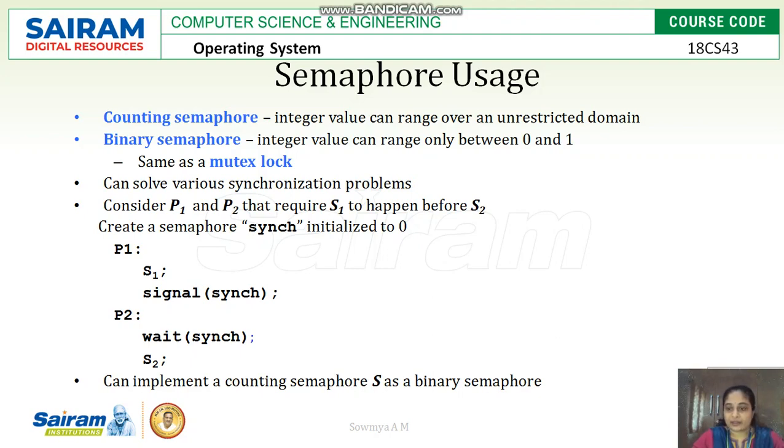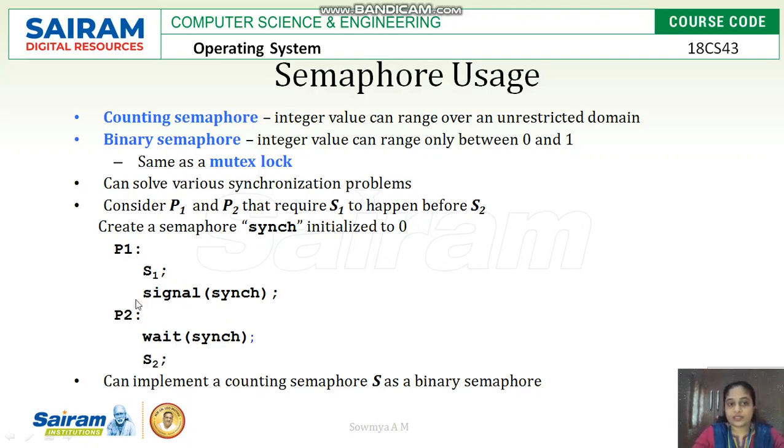Consider an example where two processes require two statements, where s1 requires to happen before s2. For creating the semaphore, we need to initialize synchronization to 0. So we have a process P1 which signals sync after s1, and P2 waits for sync before s2.